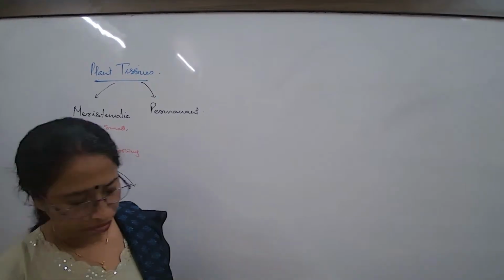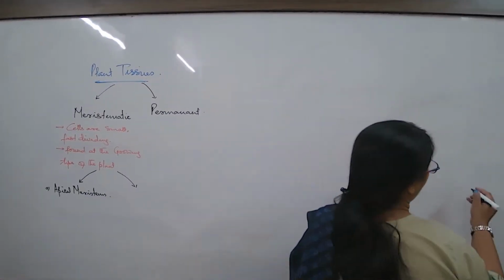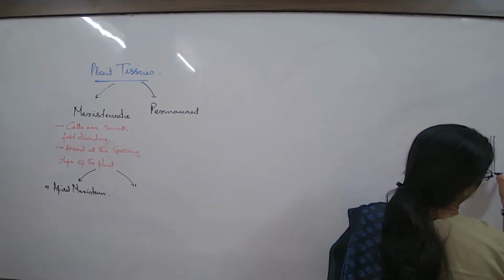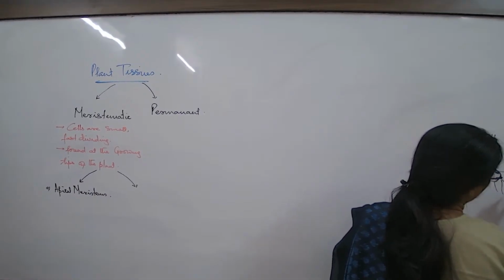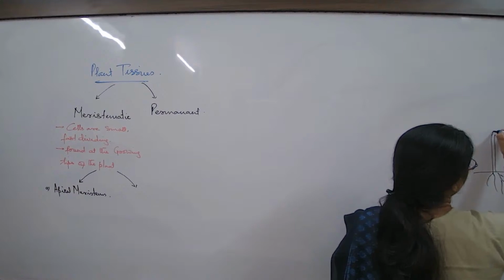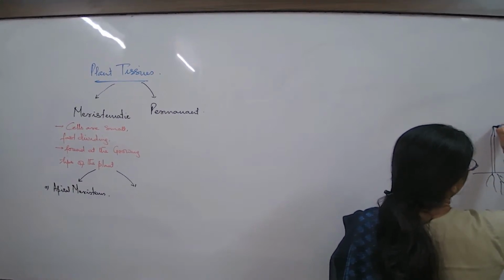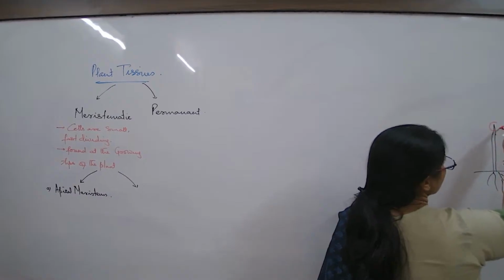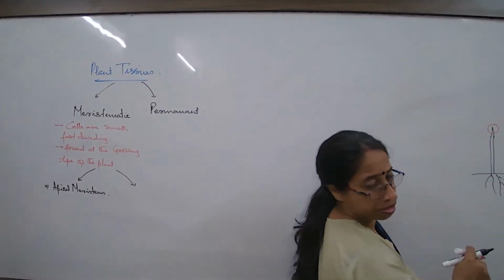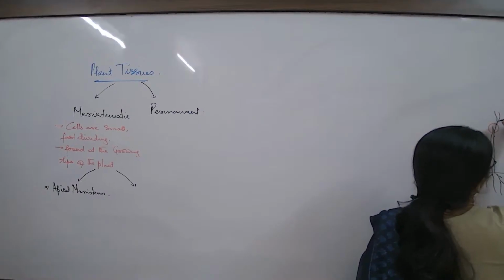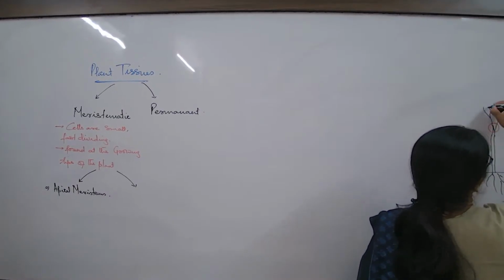Where are these types of tissues present? I may talk about a plant. This is a plant. This plant has got its roots. And now that this plant is growing, this growing tip of the plant is known as the shoot tip. It is from here that the plant is growing, increasing in its height.